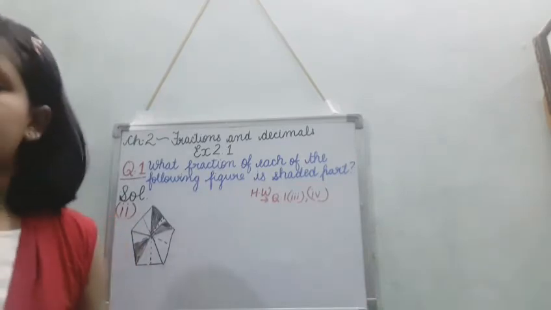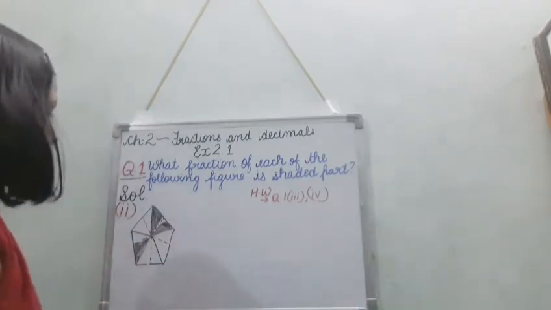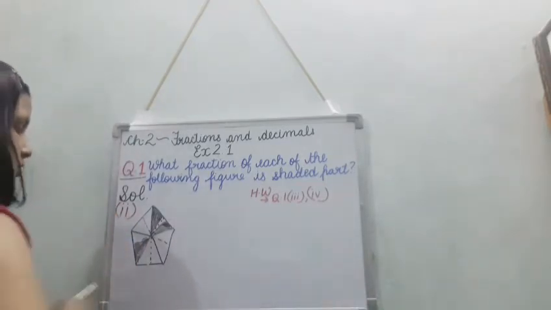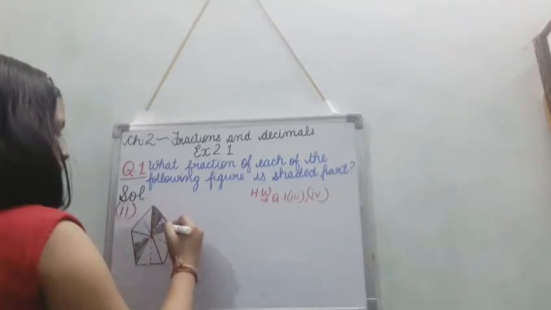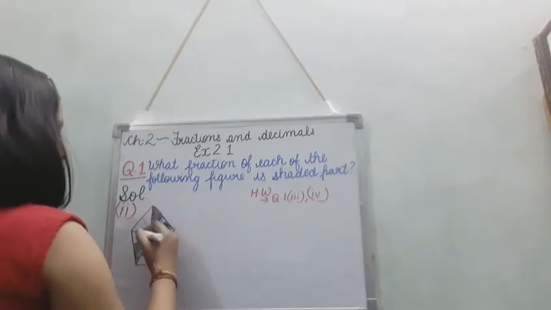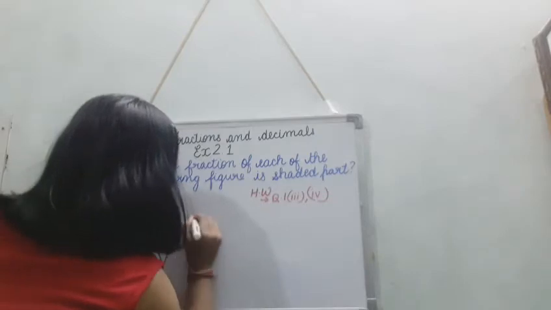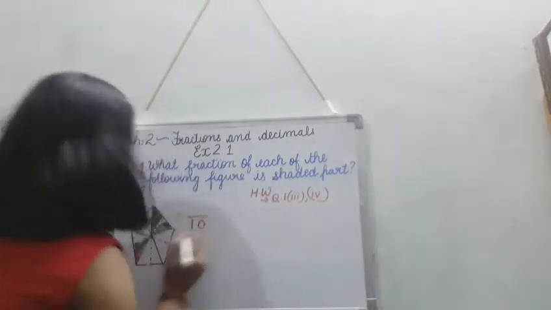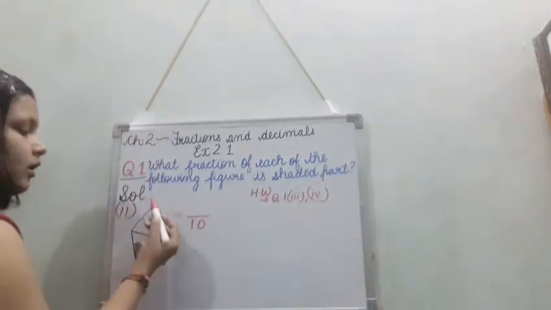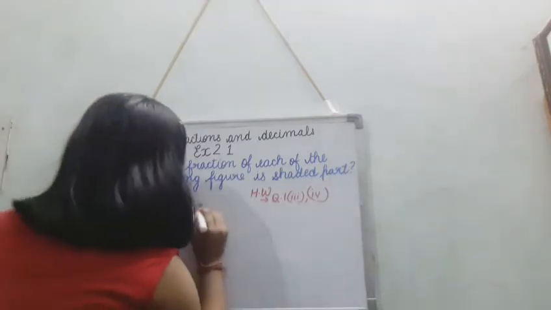Now the second part is, this figure is given. So firstly let us count it. 1, 2, 3, 4, 5, 6, 7, 8, 9, 10. So the total number of parts is 10. And then the shaded parts are 1, 2 and 3.